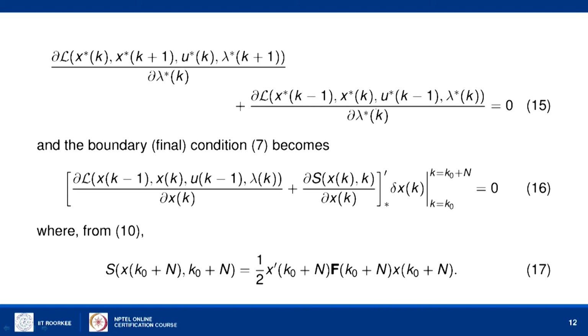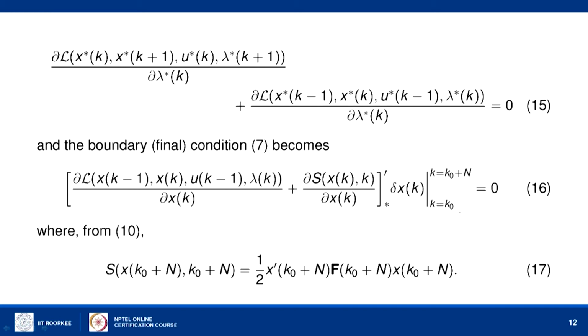With these three necessary conditions, we get the boundary condition in the following way, exactly similar to the previous one. L at k minus 1 is partially differentiated with respect to x k, along with the S function, del S by del x of k at the final position.